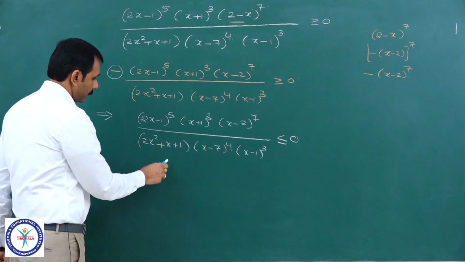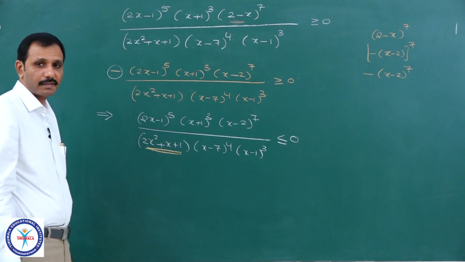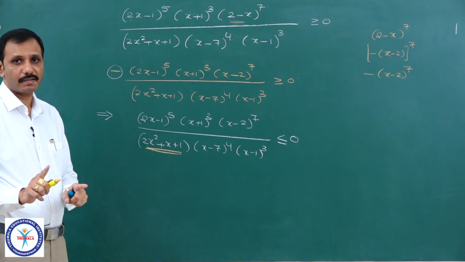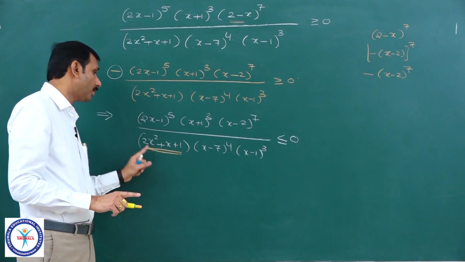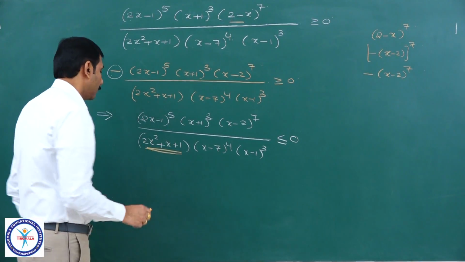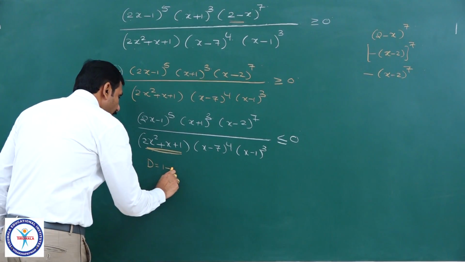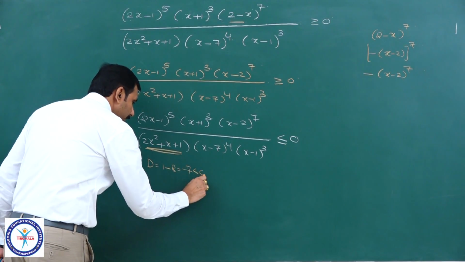Here it is. Observe this. It is a quadratic. If it has factors, you write factors. That is, when it has real roots, you can write those roots. Otherwise, check. What is the discriminant here? B square minus 4ac, minus 7, less than 0.